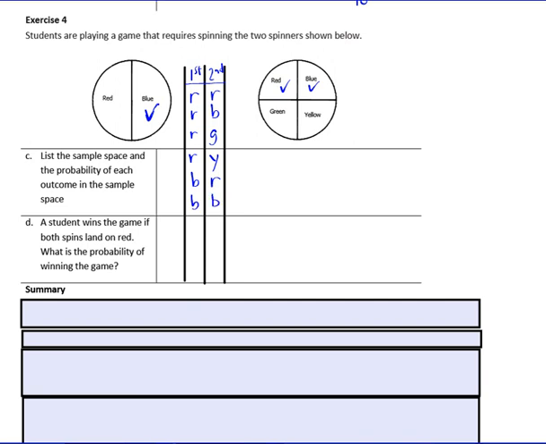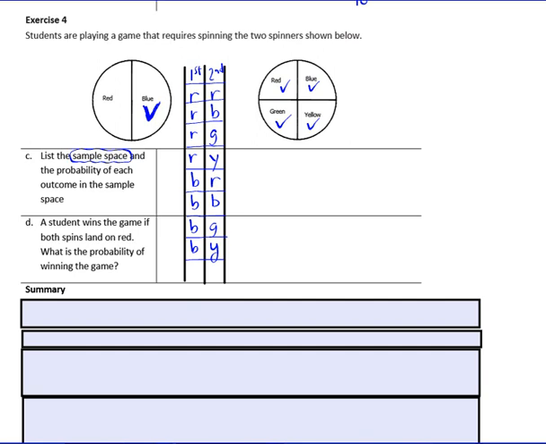I could also get blue, green, and I could also get blue, yellow. Those are the different combinations that I could get. I could get red, red, red, blue, red, green, red, yellow. Or I could get blue, red, blue, blue, blue, green, and blue, yellow. So those are all of my outcomes, and that is the sample space.